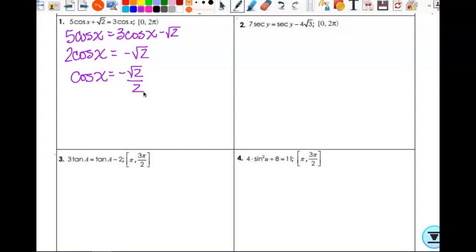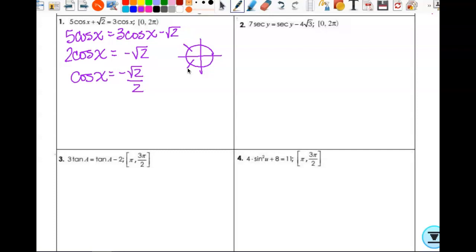So then I go look at my interval. I am going from 0 to 2 pi, the whole circle. My cosine value is negative. Cosine's only negative in the second and the third quadrants, right? So the first thing I want to think of is, what is the reference angle that gives me a cosine value of the square root of 2 over 2? Pi fourths.